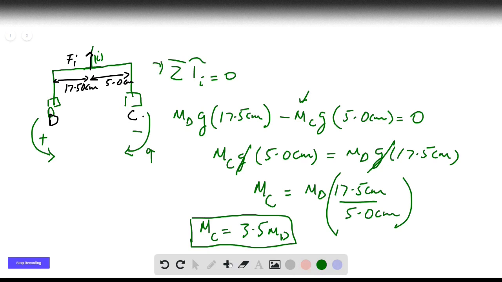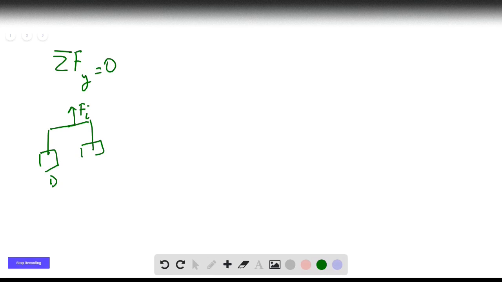In the next page, we're thinking about the sum of forces in the y will be 0, and again we're still at there's a force here, Fi. This is B, and this is C. They're pulling down like that, and this one is also pulling down.